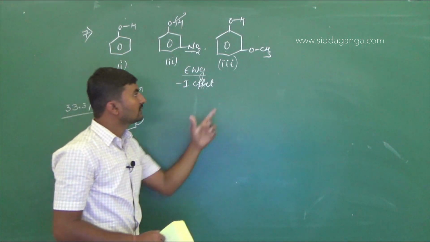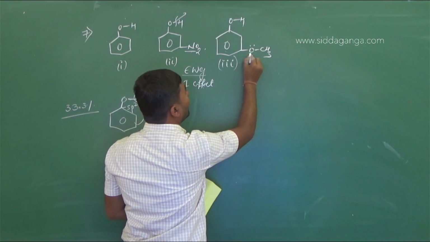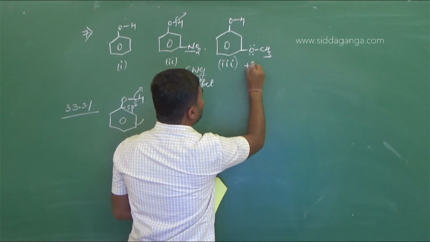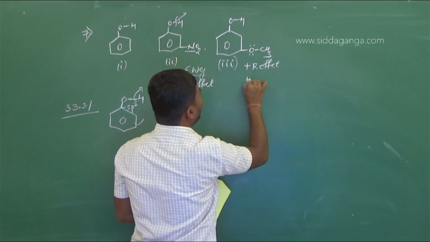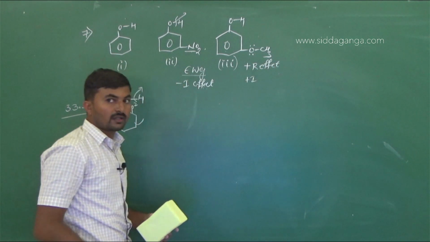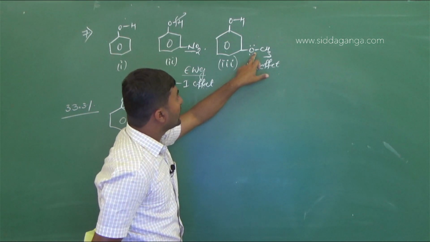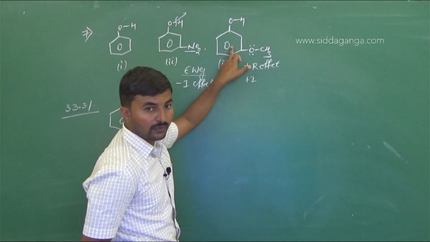Then the next one, the third one. Here the oxygen has a lone pair of electrons which shows a positive resonance effect instead of a positive inductive effect. Because of the positive resonance effect, it donates electron density into this benzene ring by resonance.